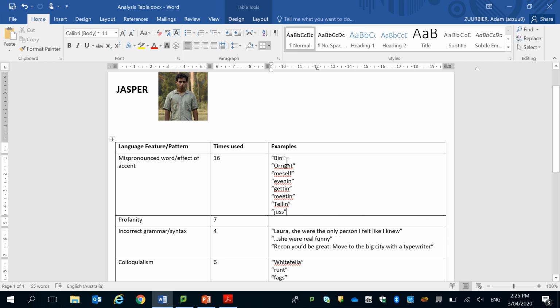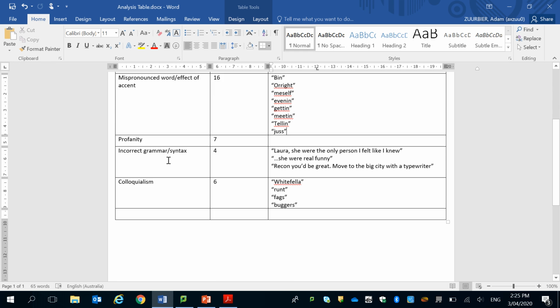Over 16 times we've got some examples of words that he mispronounces or where his accent affects his pronunciation of the words. Okay, and sometimes significantly. We've identified, we might have missed a couple as well, 7 uses of profanity in that short excerpt. Clearly he has a strong pattern of language use that includes profanity.